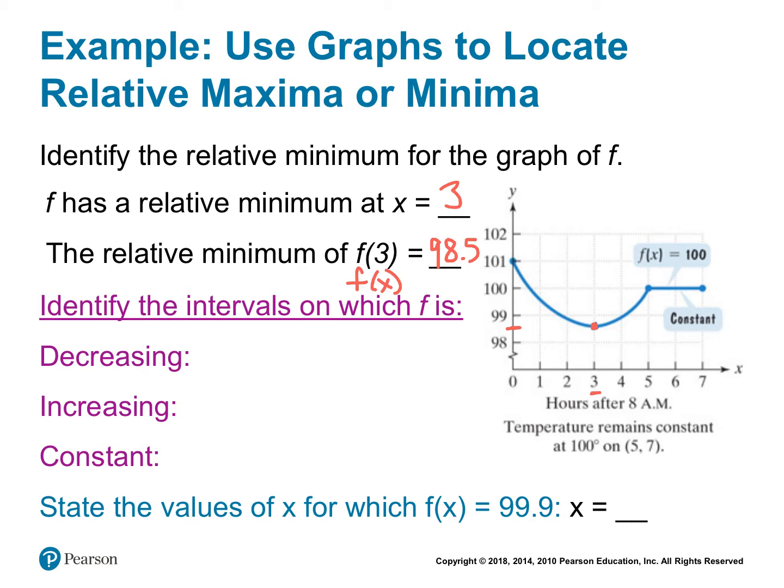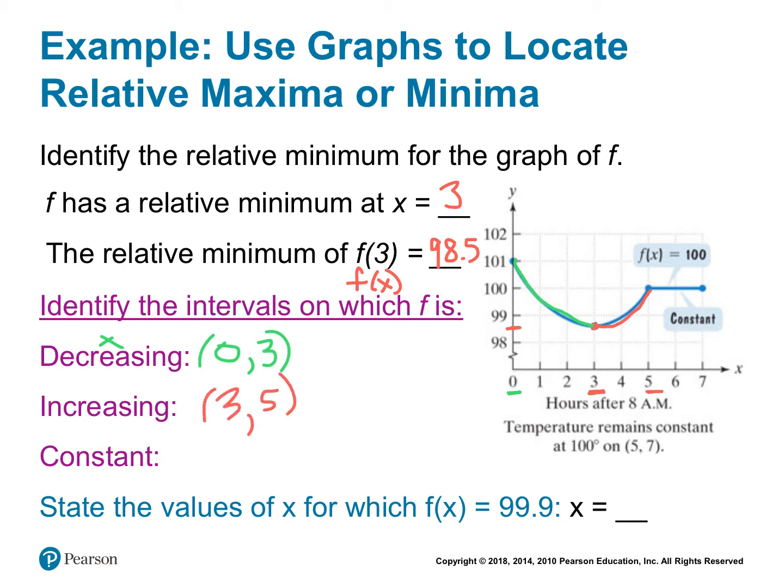Okay, now where is the function decreasing? So if I follow my graph, it's going down from here to here. And you always write your intervals in terms of x. So it goes from 0 to 3 in the down direction, and then it begins to increase from 3 to 5.